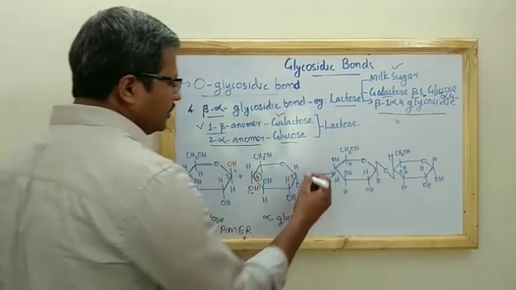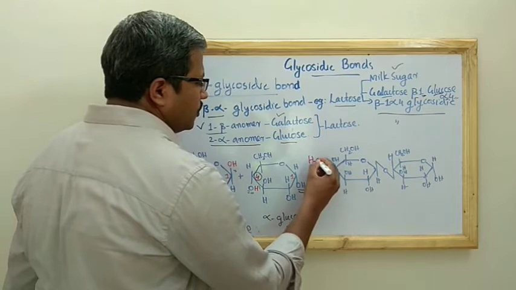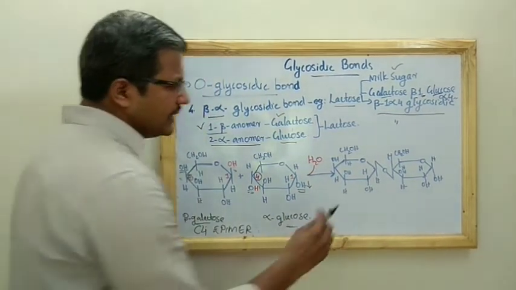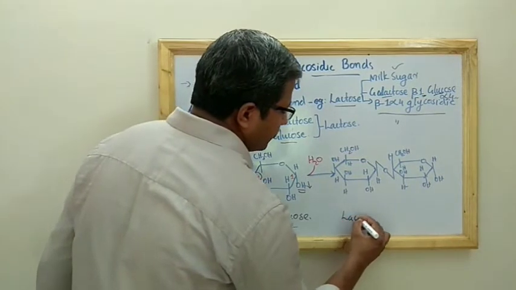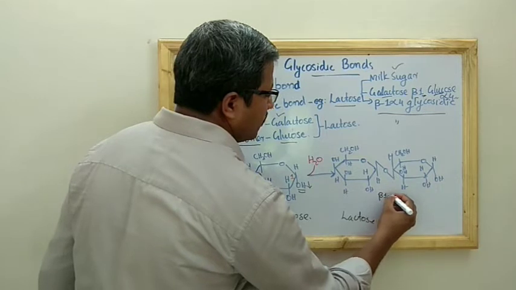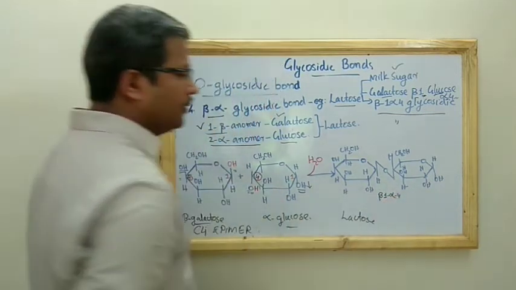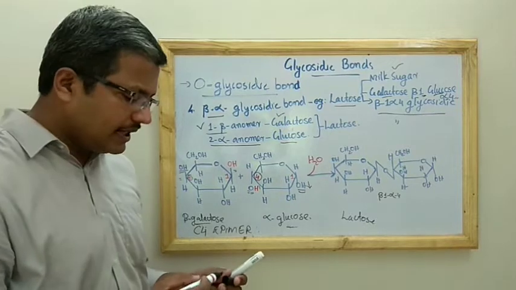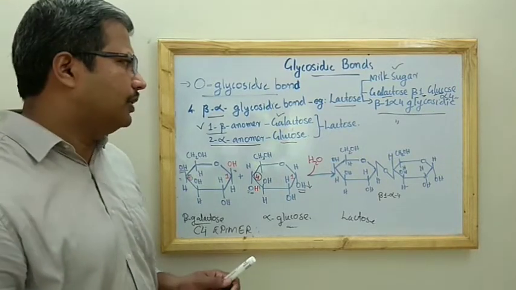You can see the water, H2O, released, and this bond is formed. So this one is lactose, and this bond is the beta 1 alpha 4 bond. That is the example for the beta alpha glycosidic bond.